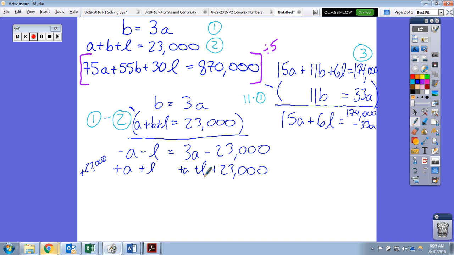Because you're allowed to do whatever you do to one side as long as you do the other. And so if I did this, and I'm also going to flip at the same time, I would have 4A plus L equals 23,000.